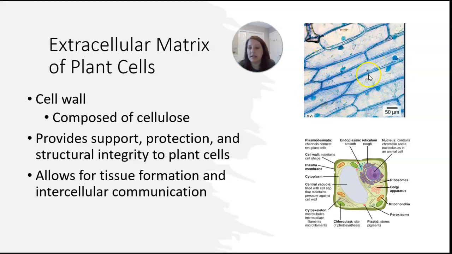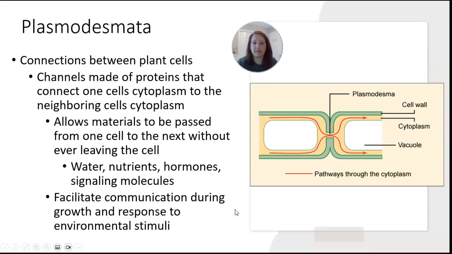And so you can see the cell's nuclei, and then you can see the nice cell wall here, a rigid structure that gives shape, support, protection to that plant cell. The cell wall also allows for tissue formation and for intercellular communication, so communication between two neighboring cells. And that's what we're going to look at next.